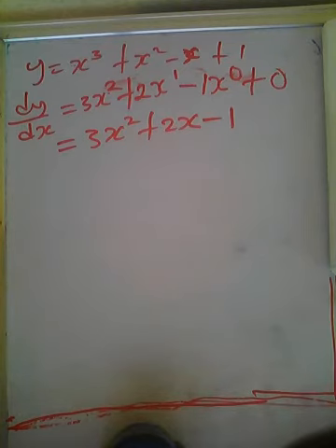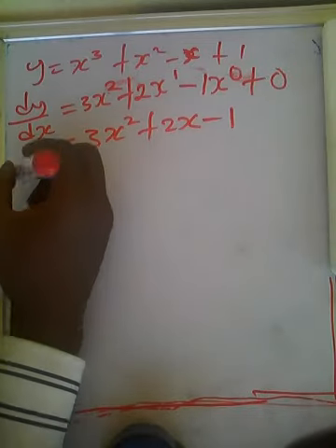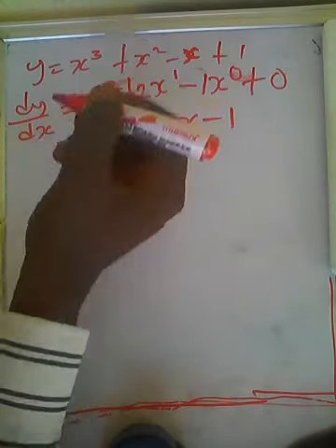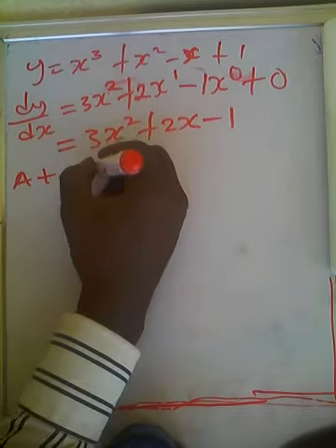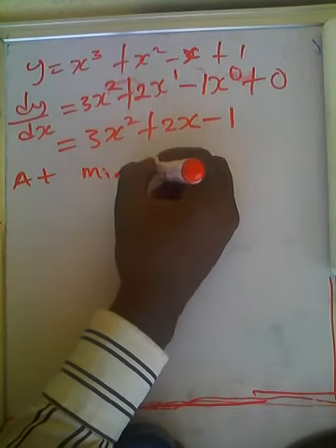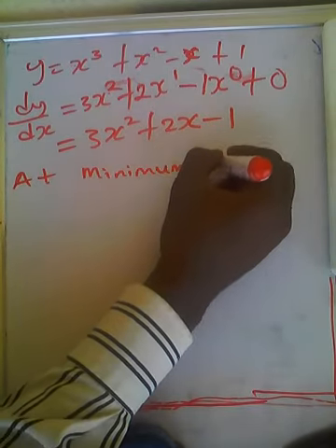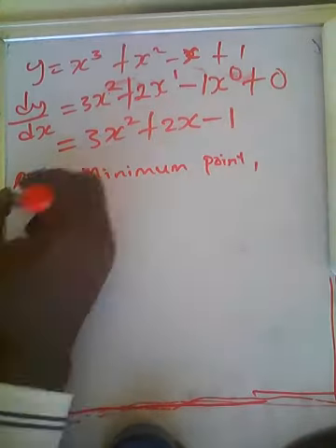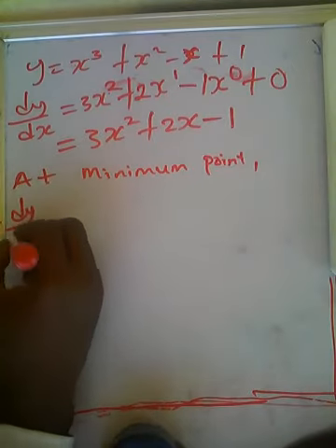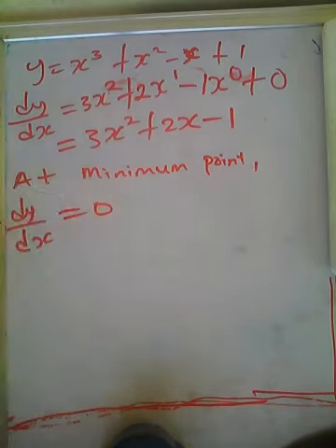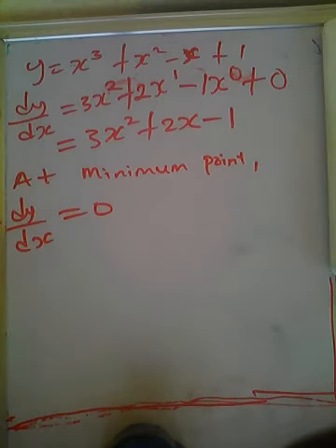Now the question is to find the value of x at the minimum point of the curve. We know that at the minimum point, dy/dx is 0. That's the first condition for a minimum function.